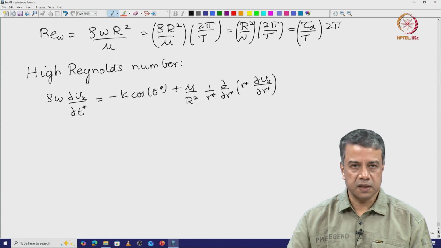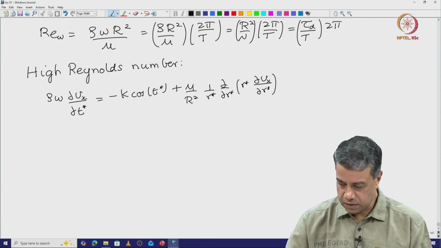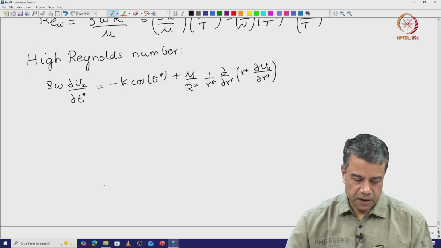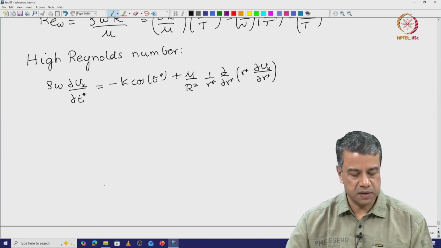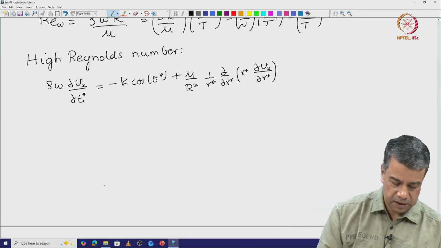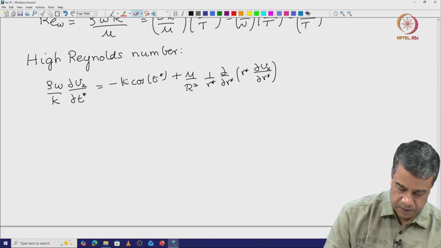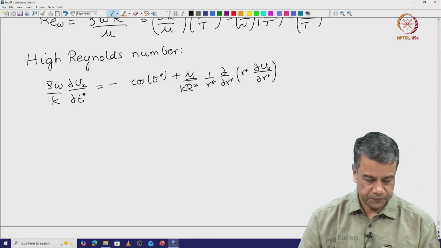In this equation, I have not yet scaled the velocity. I can get a dimensionless equation by dividing throughout by k. So, if I divide throughout by k, there will be no k here, and I get mu by k r square.